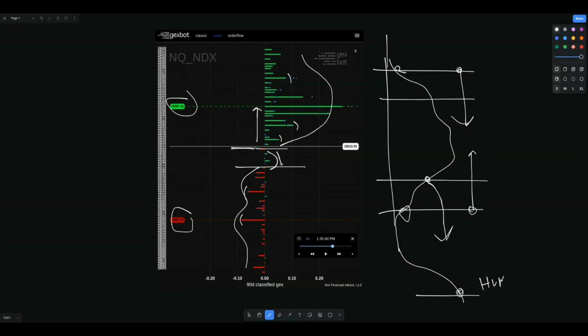So either I'm looking for ranging action, then an impulse high at this put bar. I can join it and then look for continuation, short continuation, right?